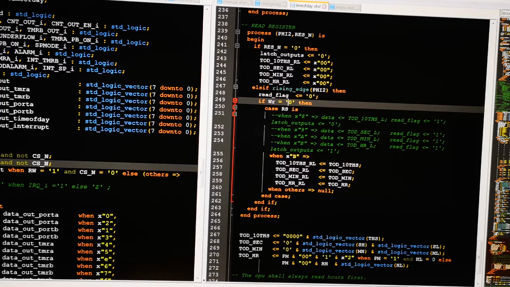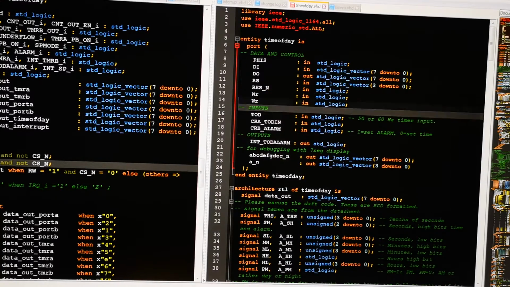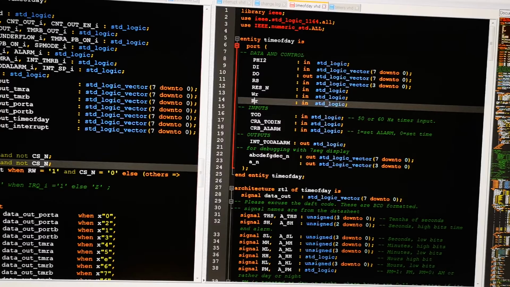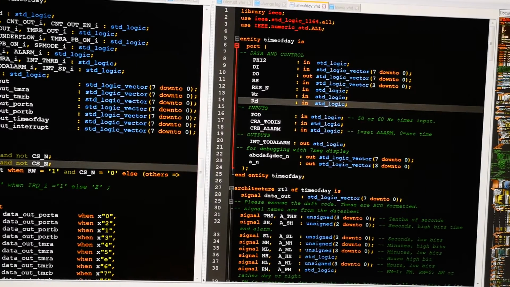So we can't just say 0, we need to say read 1. So that means that we need to change the port also to include a read pulse. We could have just supplied the chip select here, that would have been more straightforward. I wouldn't have made this mistake.